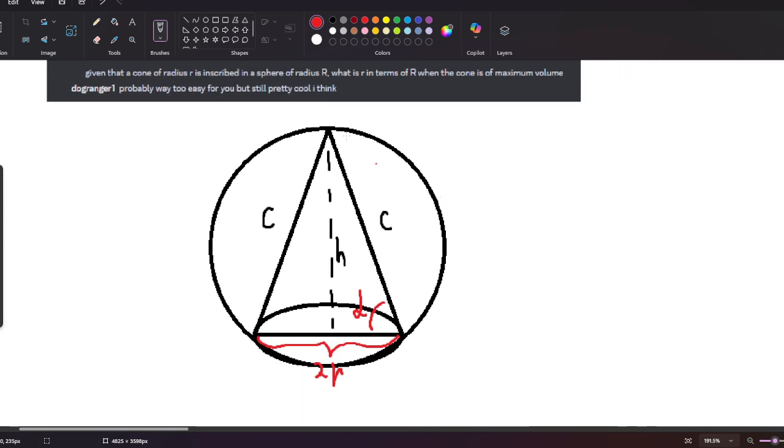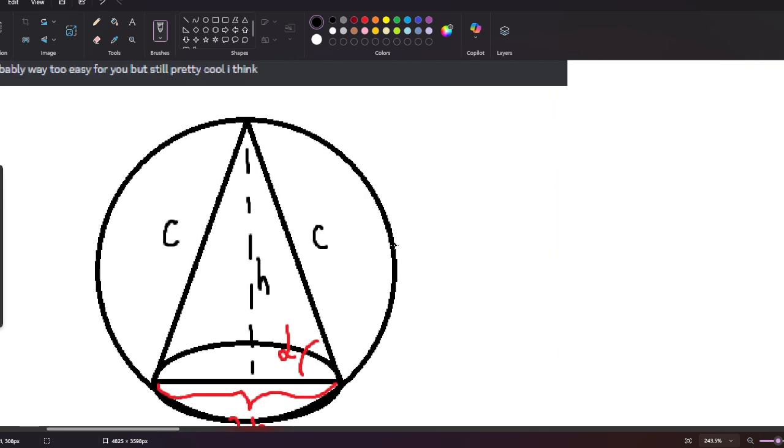Okay. Now, according to the law of sines, a side over its sine is going to be the diameter of the circumscribed circle.